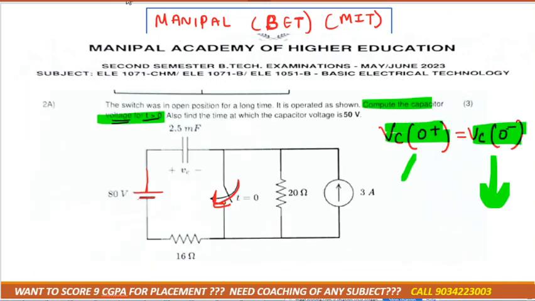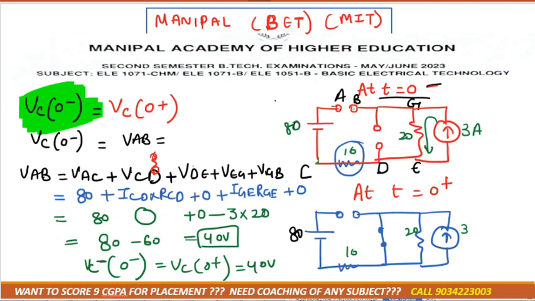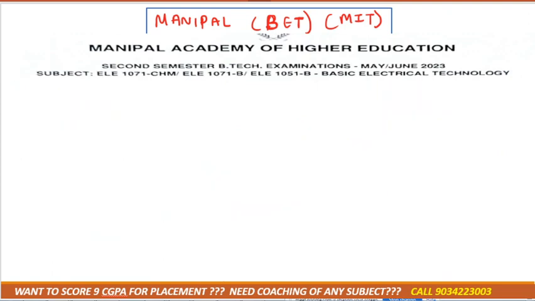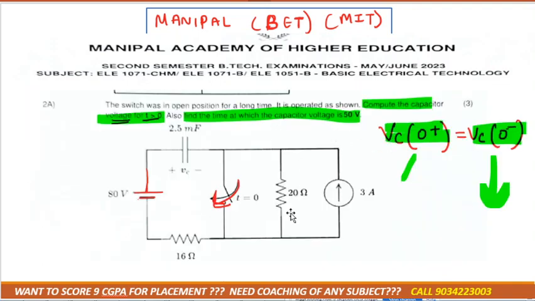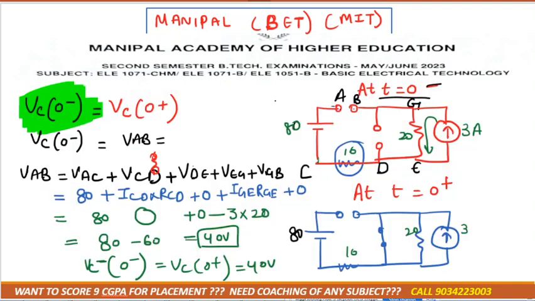Now in the next step, they ask you to also find the time at which the capacitor voltage is 50 volt. 50 volt, we need to calculate the time. As you know, we have the formula V equal to V naught, meaning earlier the capacitor voltage was 40 volt, which we calculated.